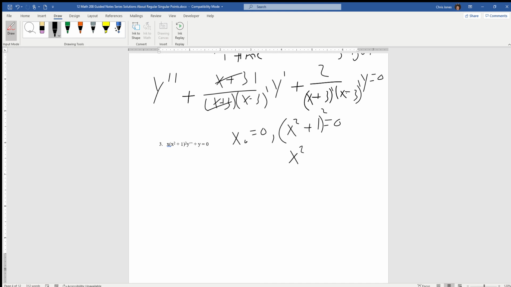And then x squared plus 1 equals 0, and that means that x squared is -1, which means that x equals plus or minus i. All right, so these are the three singular points.